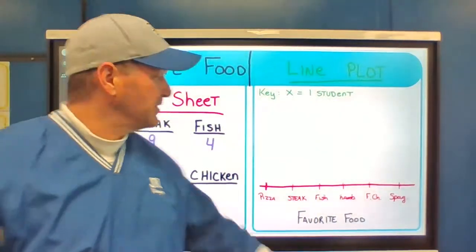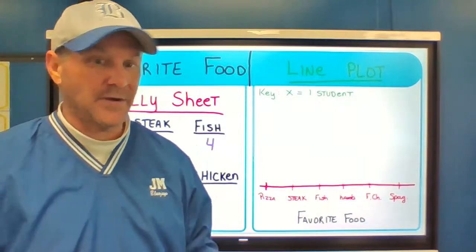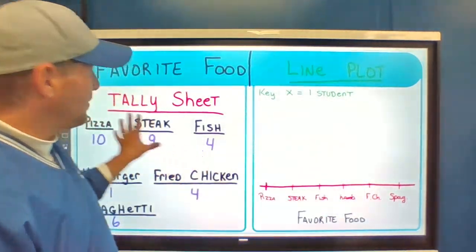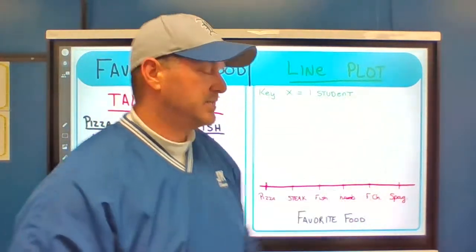Now, if you notice, I did abbreviate some that were really, really long, and it's only because I don't have a whole lot of room. So here's my line plot with all my categories: pizza, steak, fish, hamburger, fried chicken, and spaghetti.